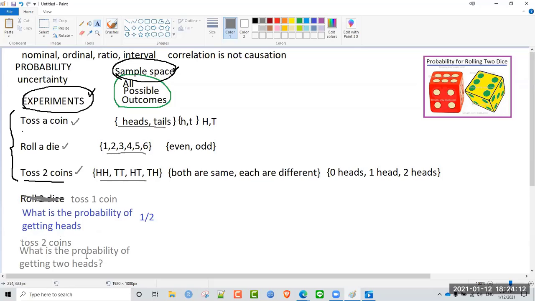Okay, so here we want to know the probability of getting 2 heads. So where is that in this list here? That is here. So what's the chance of that happening? 1/4.